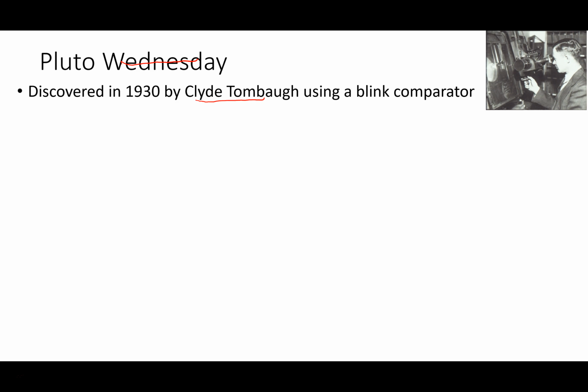The thing about Clyde is that his ashes were actually placed inside of a spacecraft called New Horizons, which flew by Pluto. Oh, what year was it? Seems like just the other day, but it's pretty exciting. With a blink comparator, he would compare night after night and see that that object was moving.